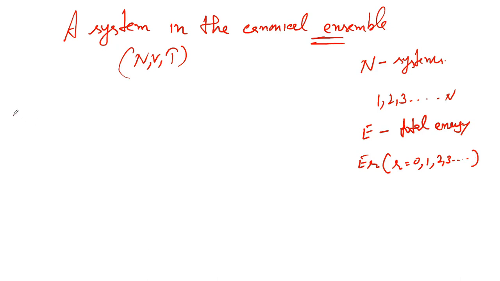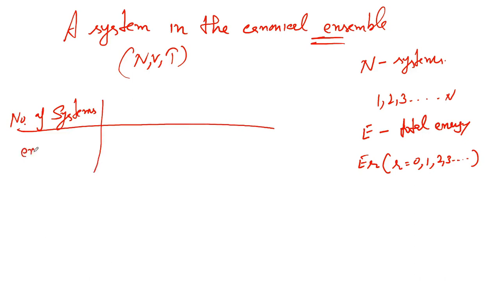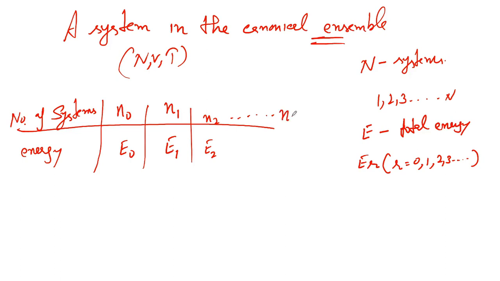So N_0 systems have the energy value E_0 at a particular instant of time. Similarly, when the time changes, N_1 systems have energy value E_1, N_2 systems have energy value E_2, and so on. Similarly, N_n systems have the energy value E_n.